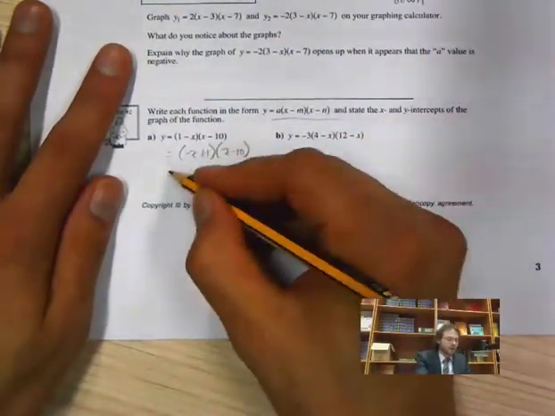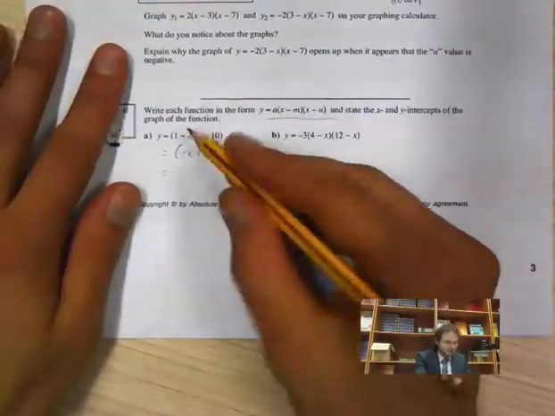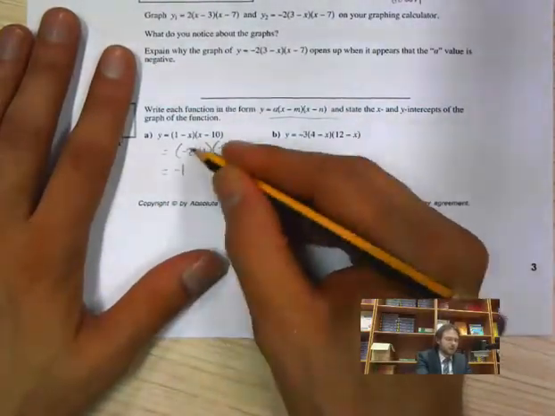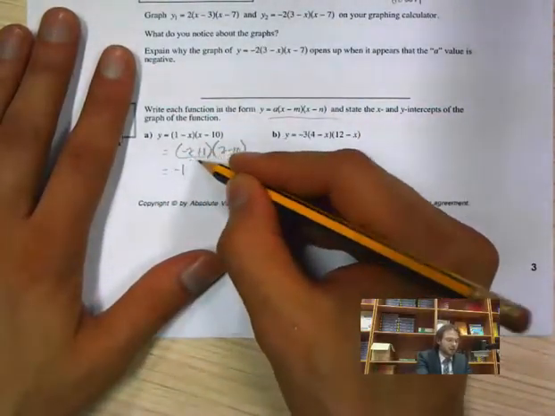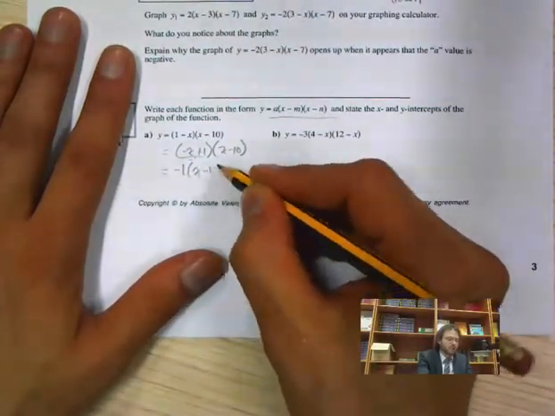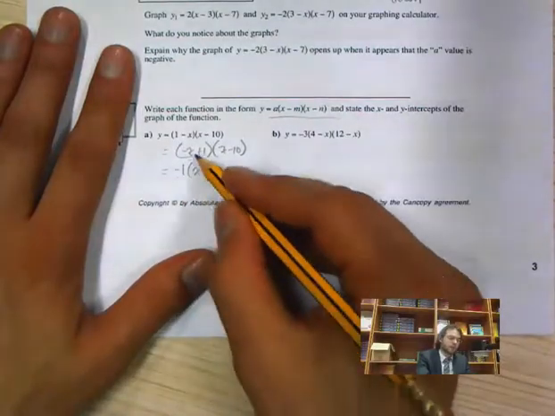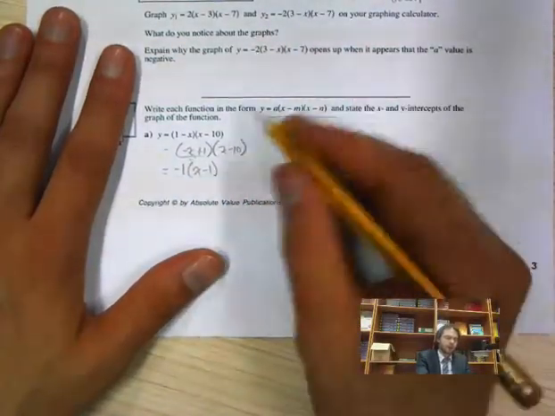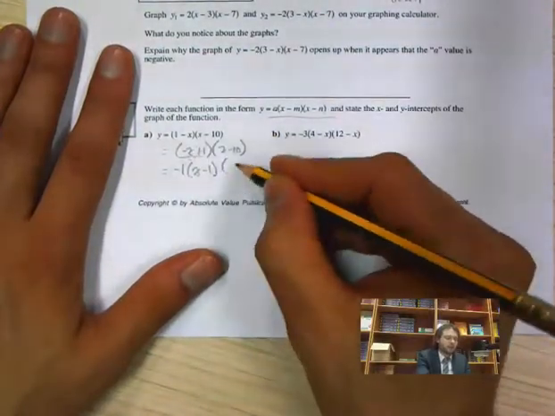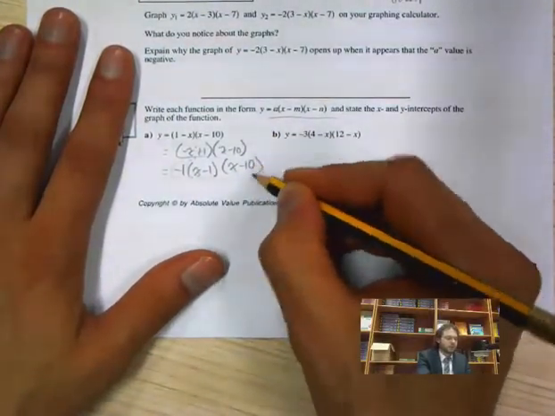Now this will help me find my x and y intercept, but there's still a negative x there. So if I factor out a negative 1 and divide everything by negative 1, I get negative 1, and I get x minus 1, because the negative 1's right there. I just divided everything by negative 1. I could do that, as long as I multiply it in later. Multiply this, it gives me that, x minus 10.